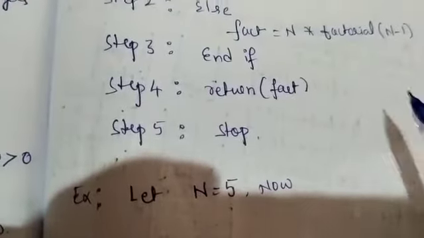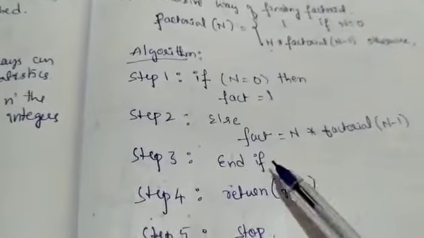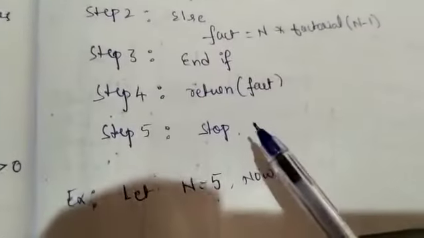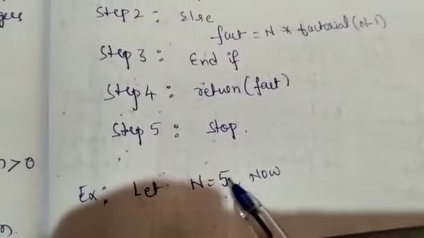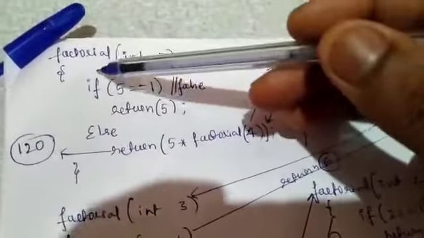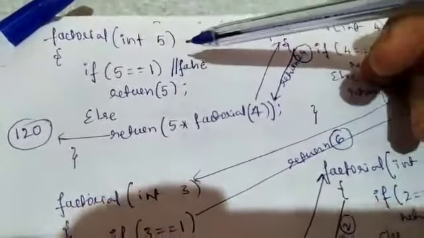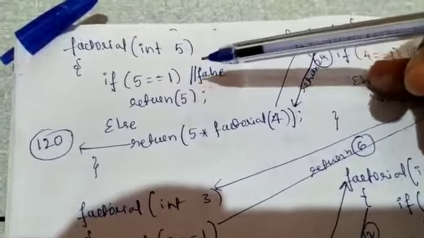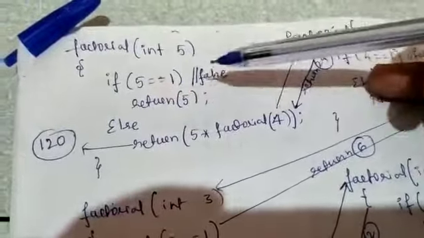Now let us implement the above recursive algorithm with an example. Let the n value be 5. Factorial is a function with int 5. If 5 is equal to 1, this condition is false.